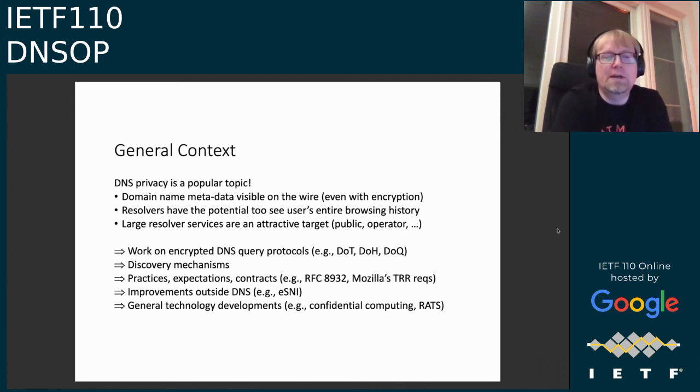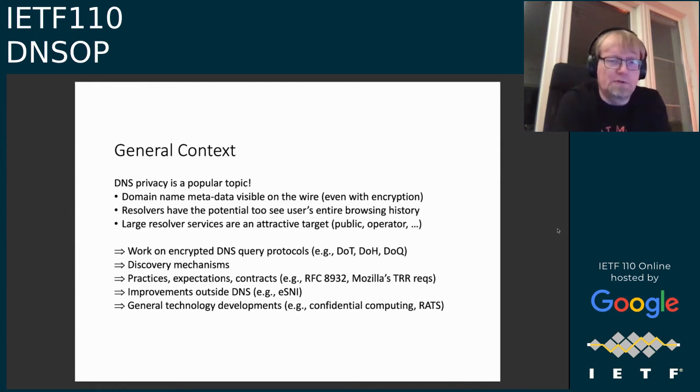We've also seen the RFC on recommended practices, how to run some of these services, what to do with logging and so on. We've also seen expectations and contracts by people like the Mozilla Foundation, whose trusted recursive resolver requirements set some guidelines on what needs to be done. And of course, we also had improvements outside DNS, ESNI, and so on.